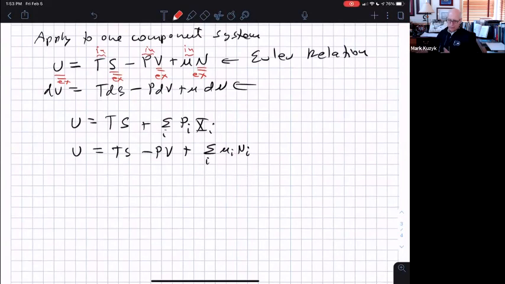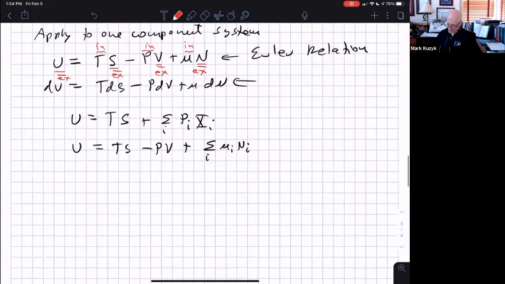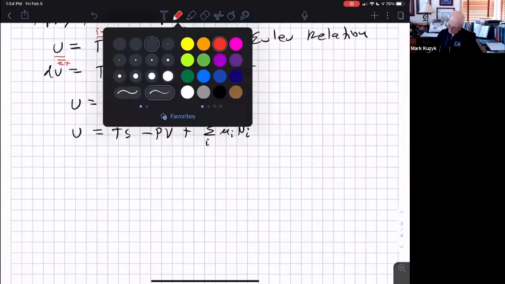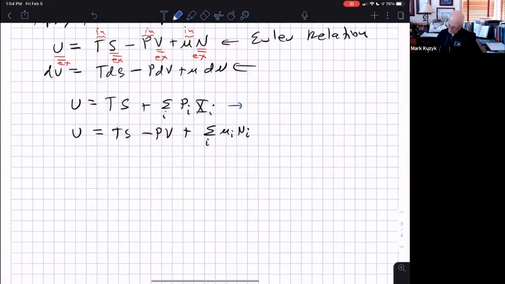So we can write it in both of these equivalent ways. And then we can solve for the entropy. Here, if we solve for the entropy, we have the entropy equals u over T, plus P over T times V, minus the sum over k of mu_k over T times N_k.